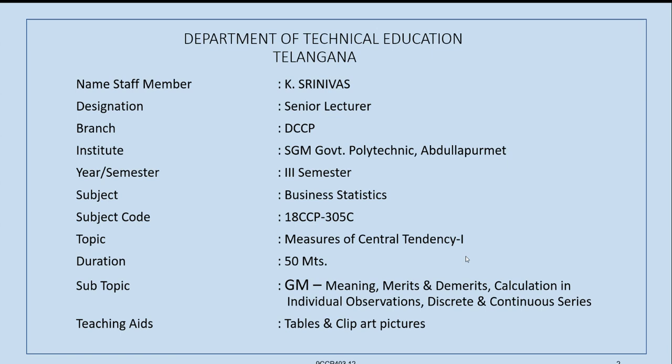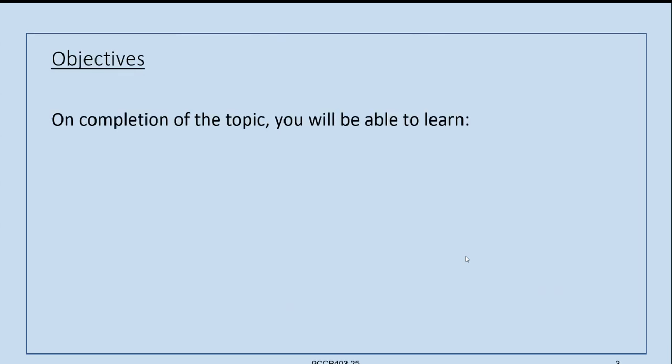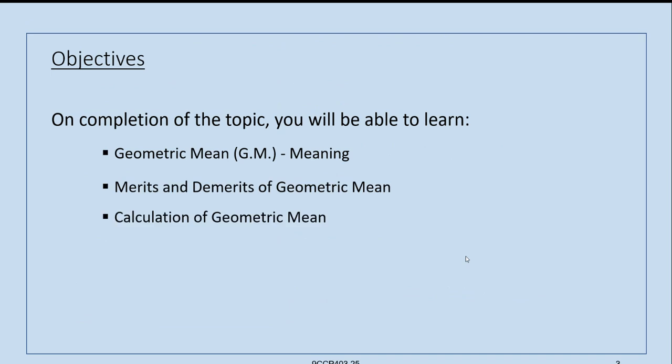After the calculation of arithmetic mean, we have seen cumulative frequencies, how to convert the cumulative frequency to a simple or ordinary frequency distribution, and calculation of arithmetic mean.